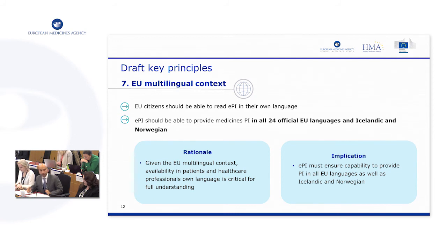So if we just say that, this one is also somehow covered. If you still want to mention clearly the multilinguality of EPI, then I would propose to put them under each other, as a subheading of the previous one, rather than a separate one. But they are very much overlapping.